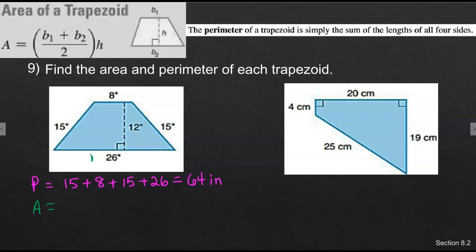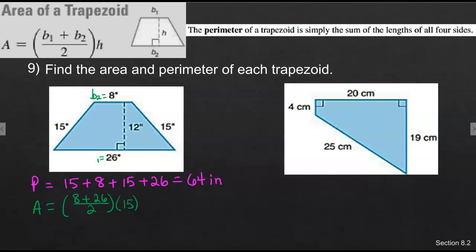So these are our bases. It has 2 bases, and that's the sides that are parallel to each other. It doesn't matter which one's which. 8 can be base sub 1 or sub 2, so it doesn't matter what order we put those in. I can say 8 plus 26, even though I labeled it differently, divided by 2, times my height of 15.